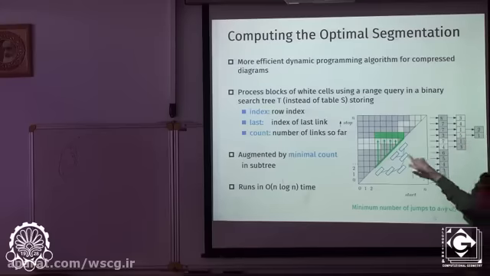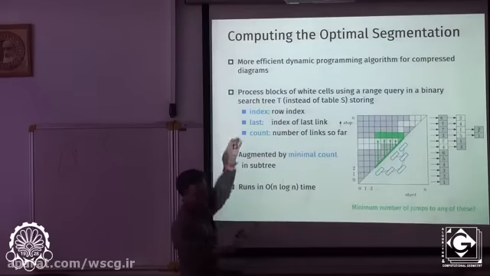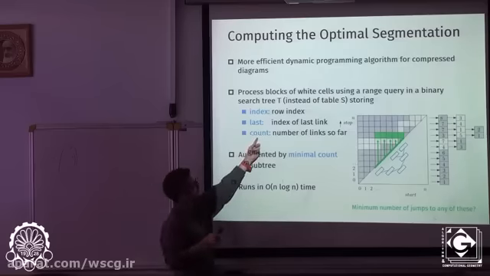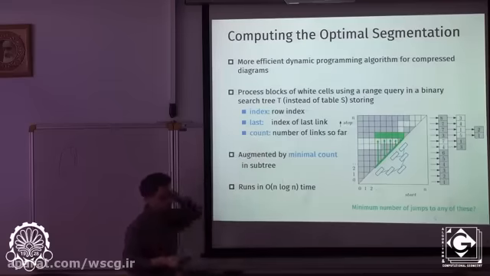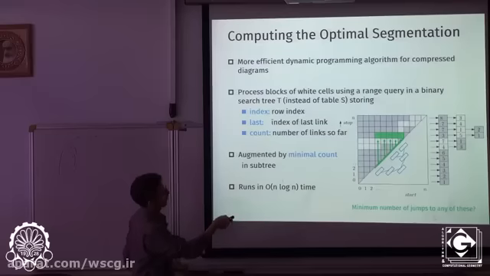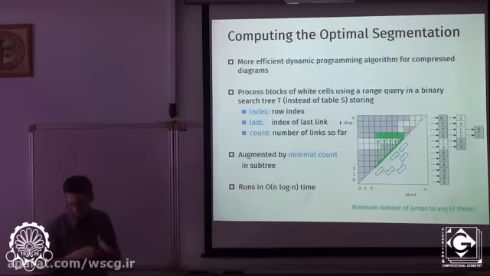If I have a binary search tree on the row indices, augmented with the minimum number of links needed for any subtree, then I can simply do a range search on this block to find the minimum number of links needed for any of these rows, and in this way compute this value in log n time. This will overall give me, for this part of the algorithm, a running time of order n log n.